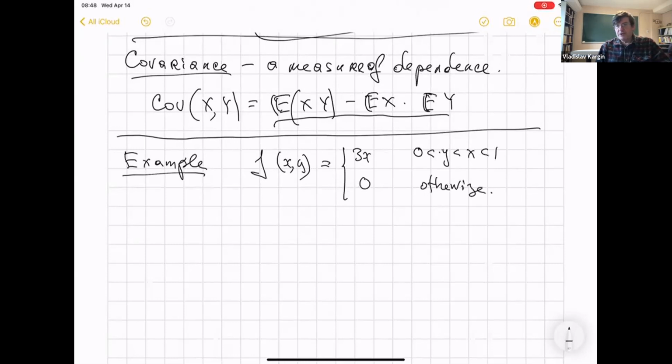And let's ask the question: what is the covariance of x and y, and also the correlation?